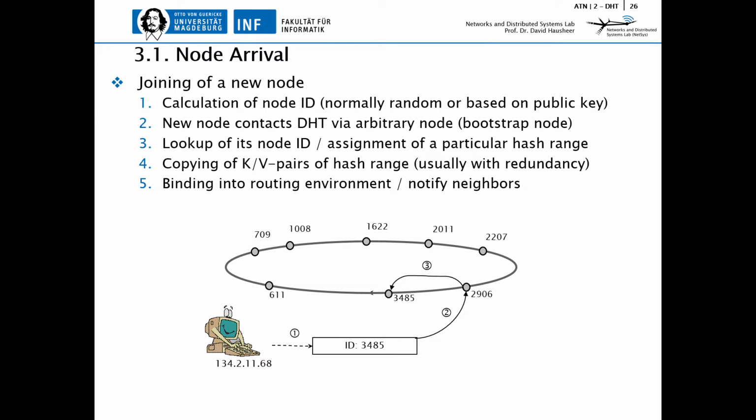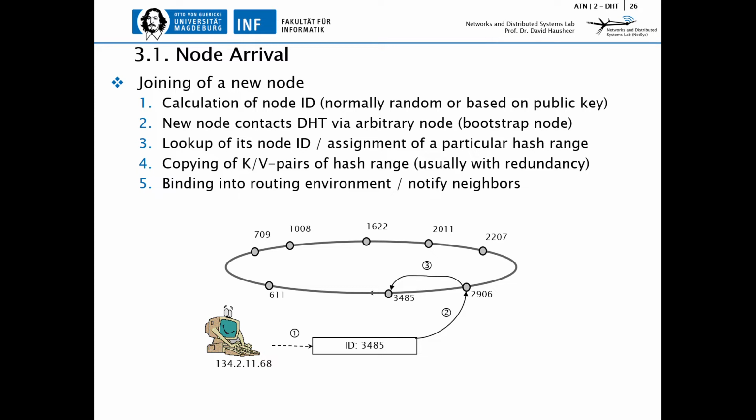First of all, that new node needs a node ID. This node ID can be calculated either based on a random number or, for example, on the node's public key, from which the node ID is then retrieved, for example, based on a hash function.